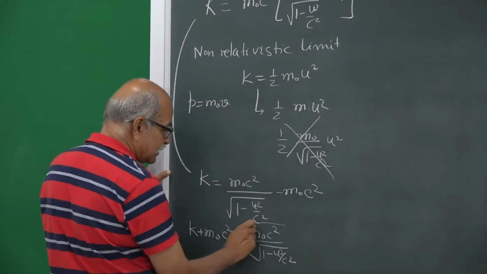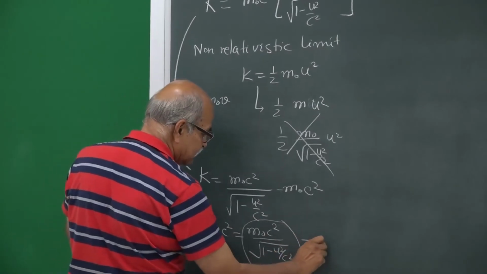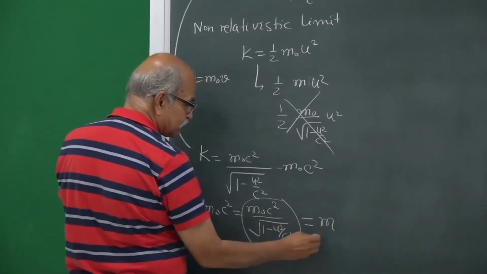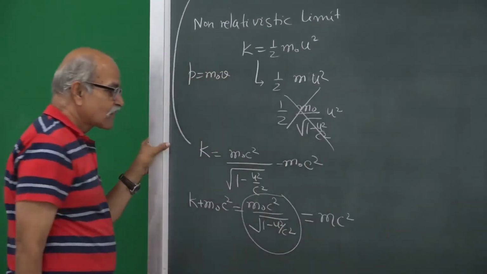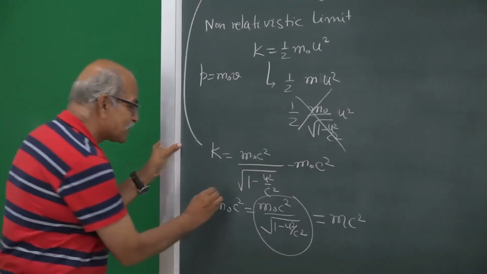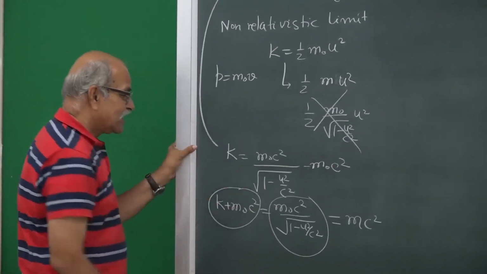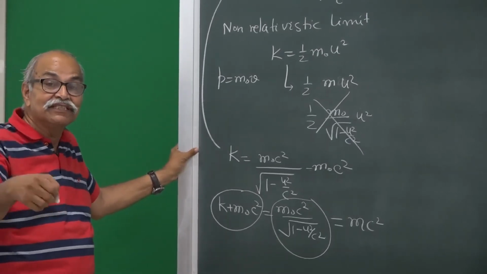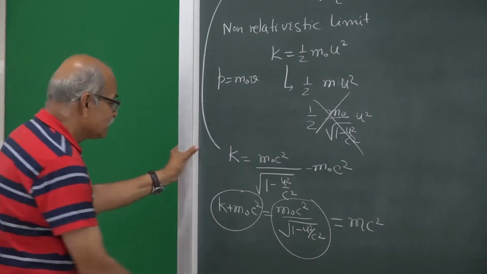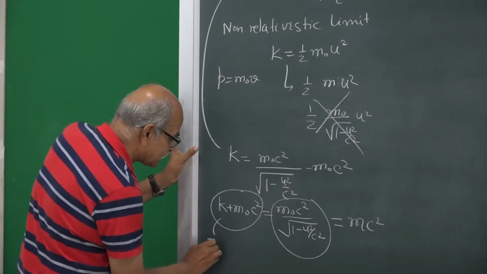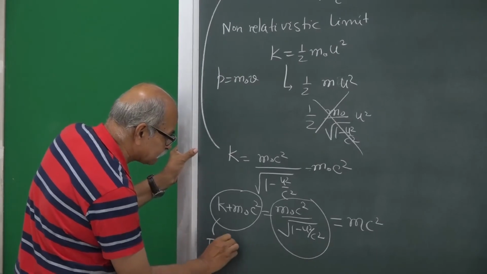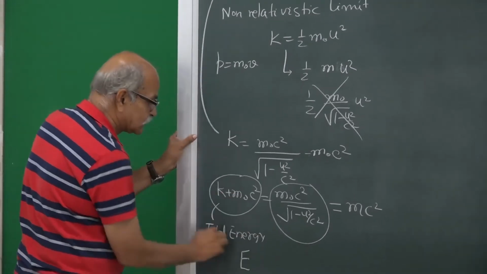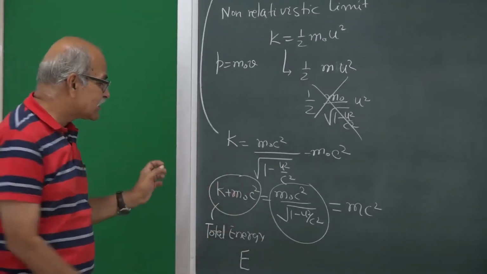And this quantity is relativistic mass. If you want to write that, m naught divided by this is relativistic mass, and then c square, mc square, and this quantity, kinetic energy plus m naught c square, we define as another physical quantity, we call it total energy, and use the symbol E for this, total energy.